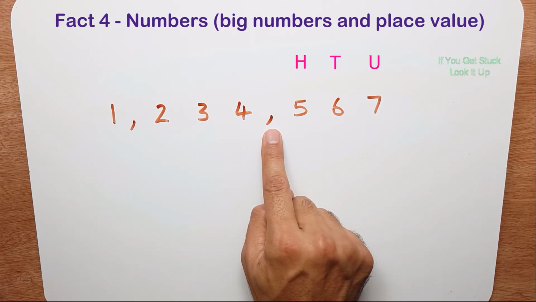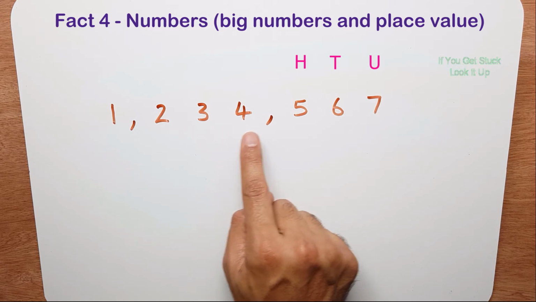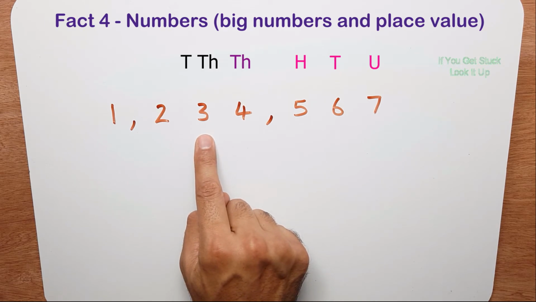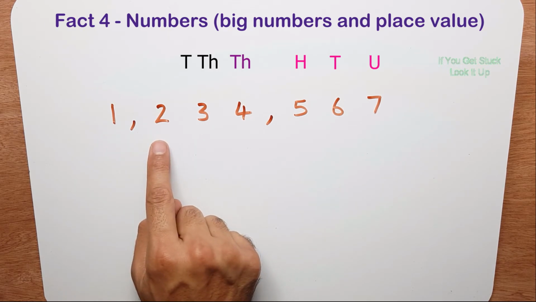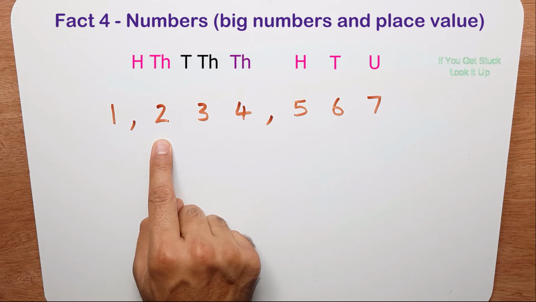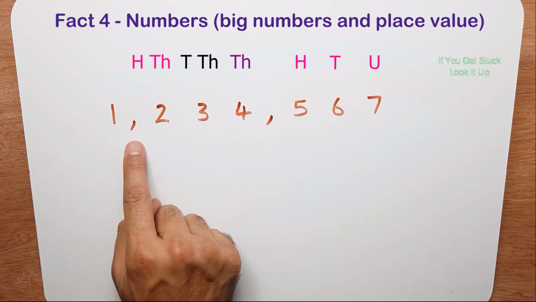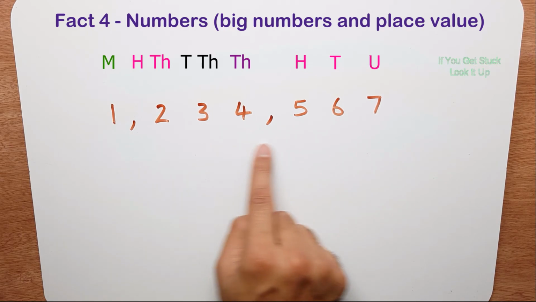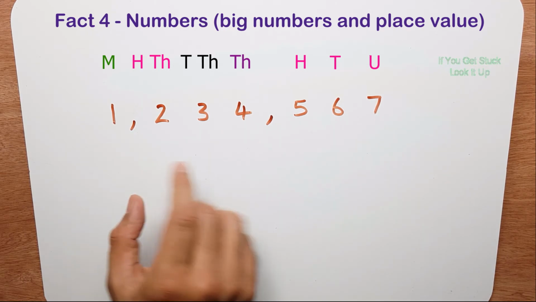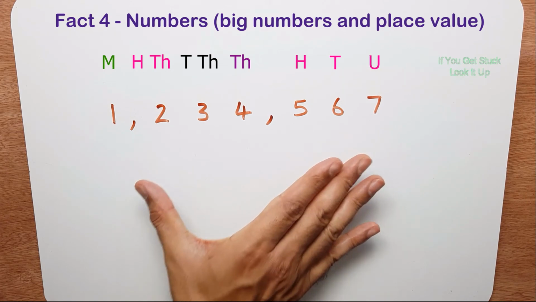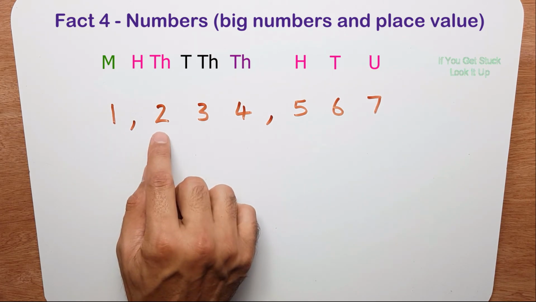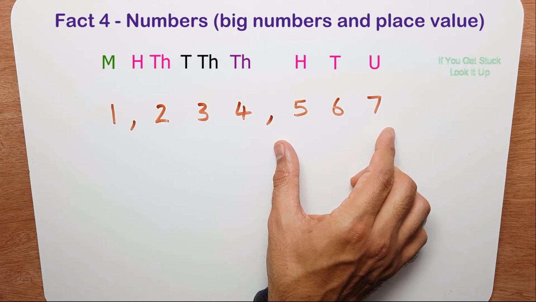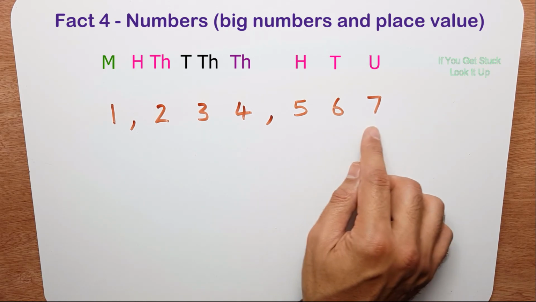Now when you move on the other side of this comma, thousands, tens of thousands, hundreds of thousands. Now we're moving over another comma, so we end up in the millions. So this number here is 1 million. Now we look at this part, 234,567.